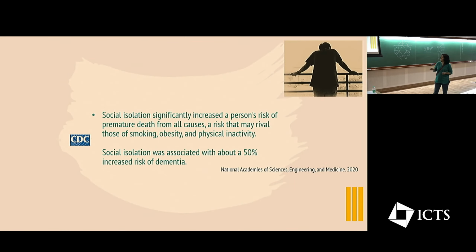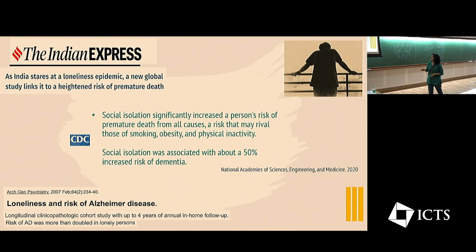So this is an indication, and it's true for even humans, that your social interactions have an impact on biological fitness, as does this data indicate, which is that perceived loneliness impacts your mental health as well as physical health, with a recent academic report suggesting that social isolation significantly increased a person's risk of premature death from all causes, a risk that may rival those of smoking, obesity, and physical inactivity.